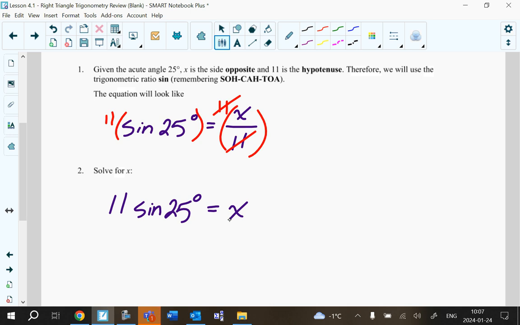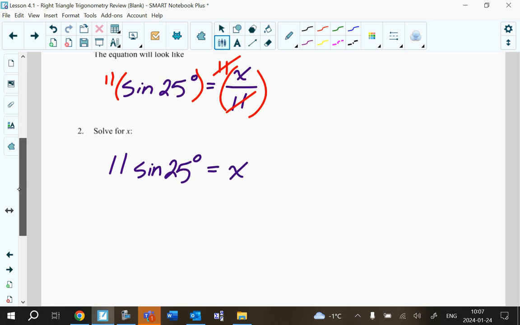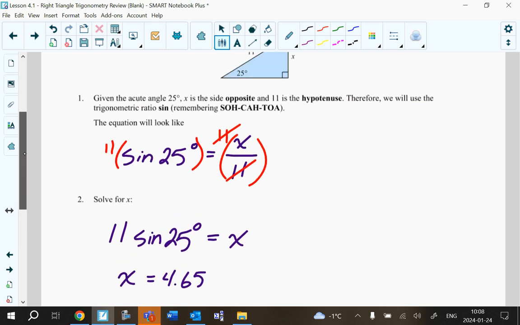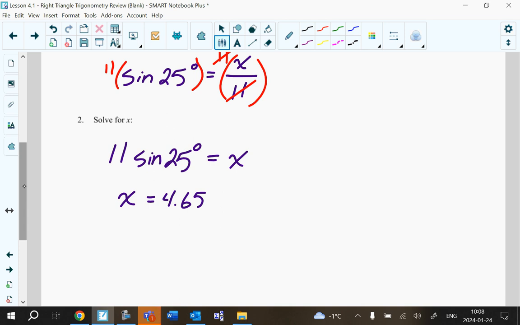We're going to have to do 11 times the sine of 25 degrees. And you're going to need a calculator for this. 4.65, 2 decimal places. So x is approximately 4.65. Are there units? No. So that's one situation: a side is missing and you find it by multiplication.